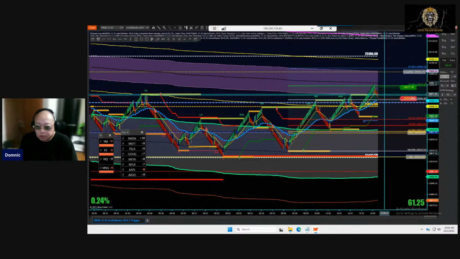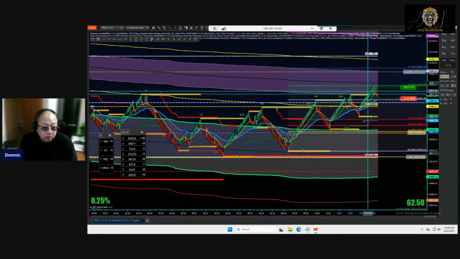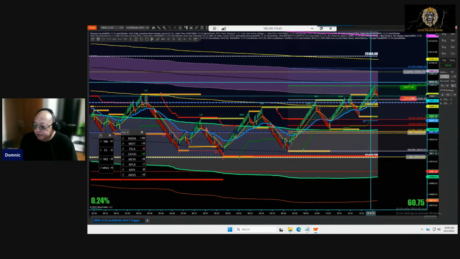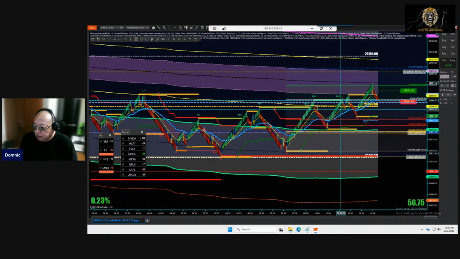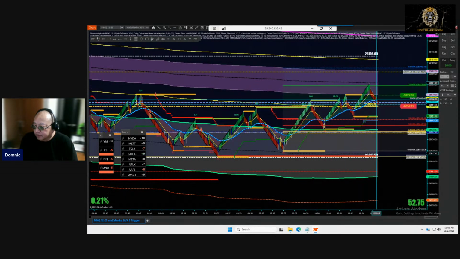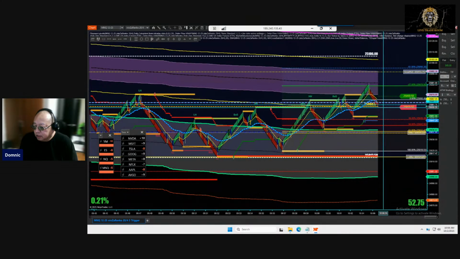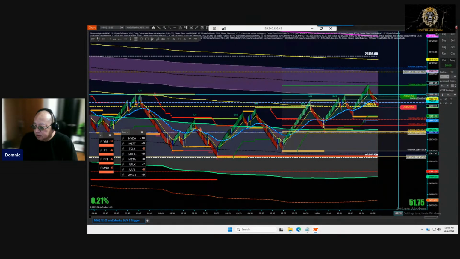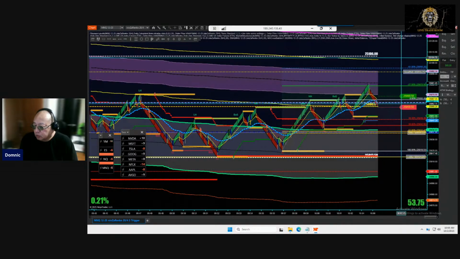So this may be a move to the downside, bouncing off the VWAP. But you can see here, the 21 EMA is still above the 50 EMA, meaning it's still indicating momentum to the upside. Let's see what happens here if the momentum is now switching back to the downside.